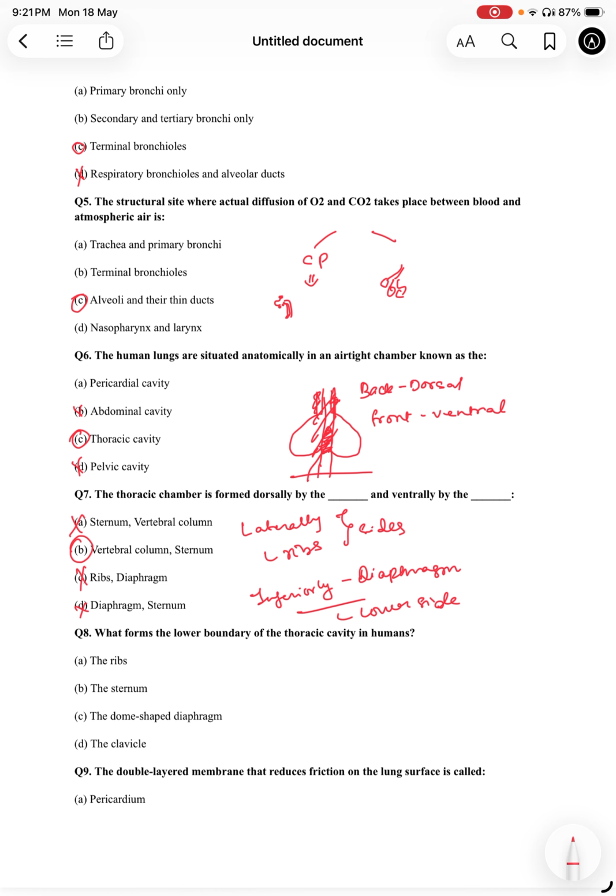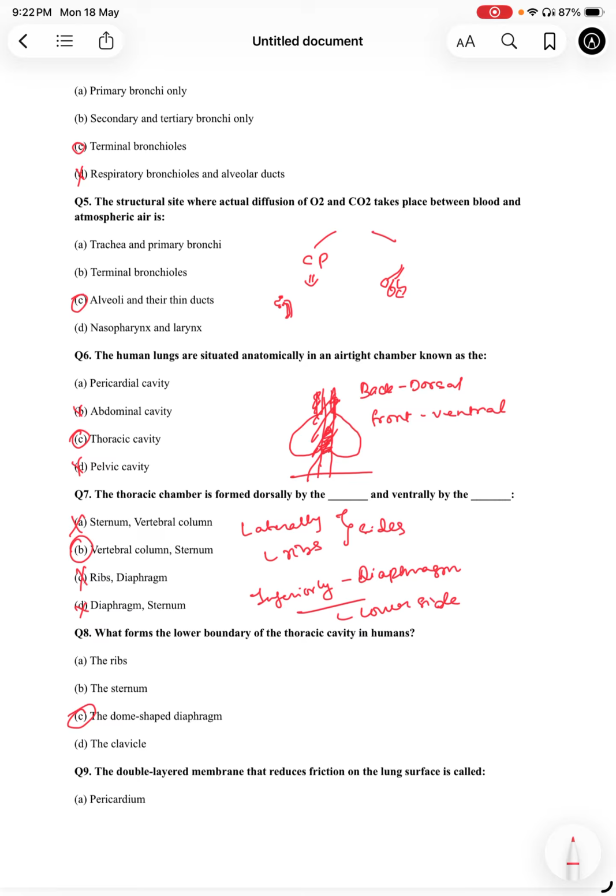Now, next question. What forms the lower boundary of the thoracic cavity in humans? This is very easy, I just told you. Laterally it's the ribs, and lowerly it's the dome-shaped diaphragm.